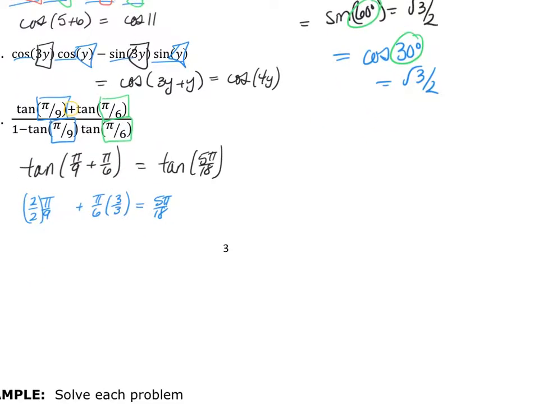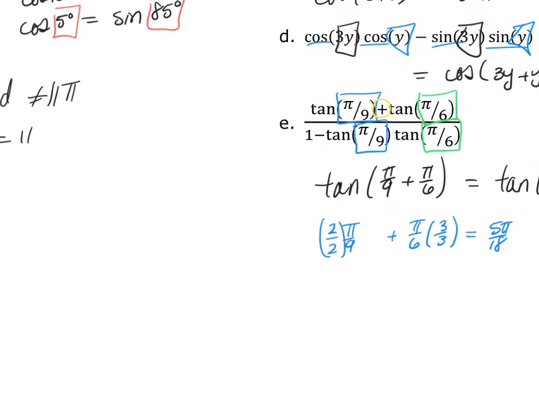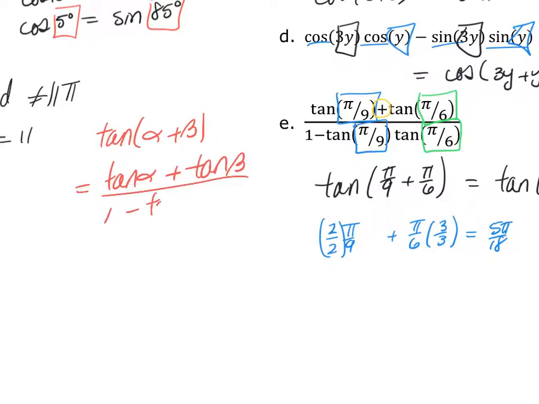Okay. Can you walk through E one more time? Yes, absolutely. On E, I am looking for, do I see the pi over 9 in two places? I do. I see it in the numerator with a plus, and I also see pi over 9 in the denominator. The pattern recognition here is the tangent of alpha plus beta is equal to the tangent of alpha plus the tangent of beta over 1 minus the tangent of alpha times the tangent of beta.